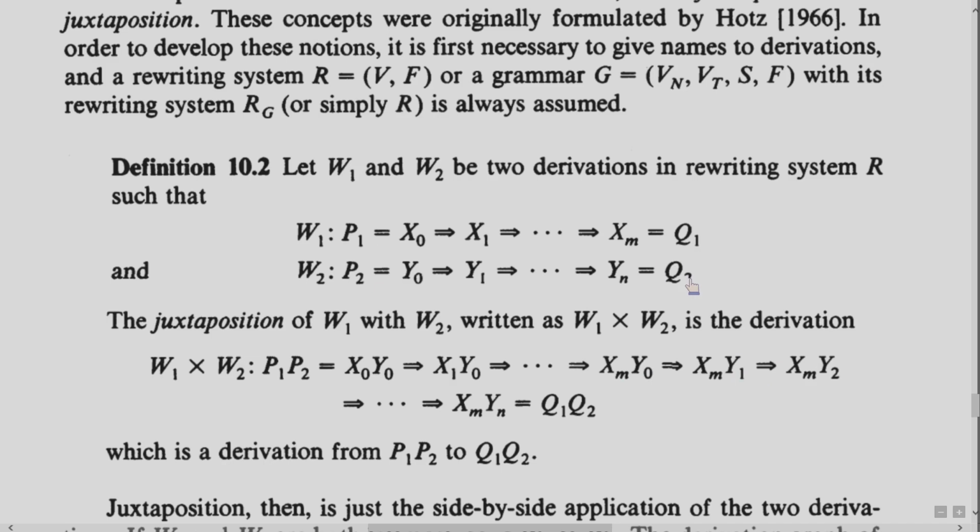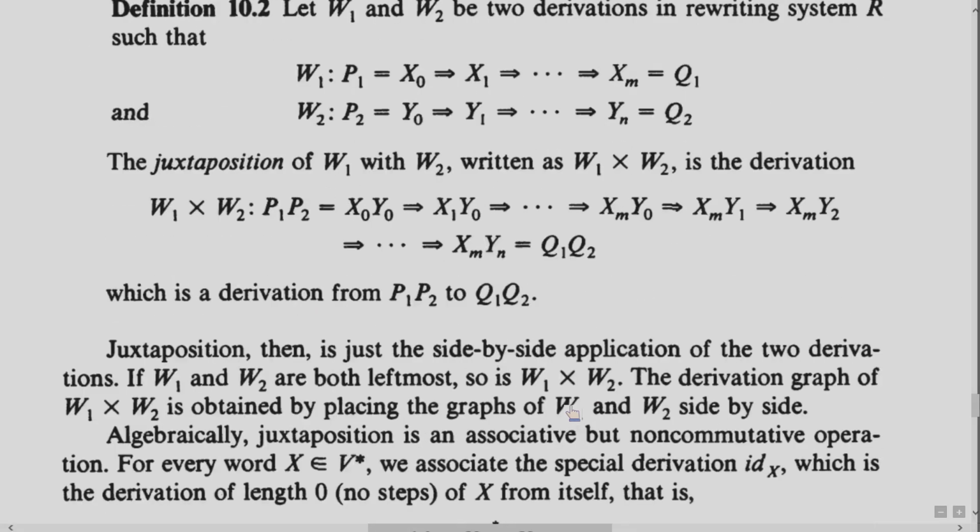So starting from p1 p2 we reach q1 q2. On the way the derivation is done in this style, and such concatenation style is known as juxtaposition.